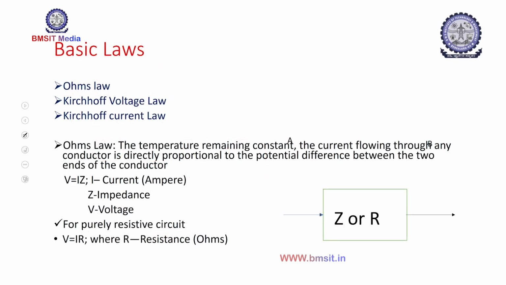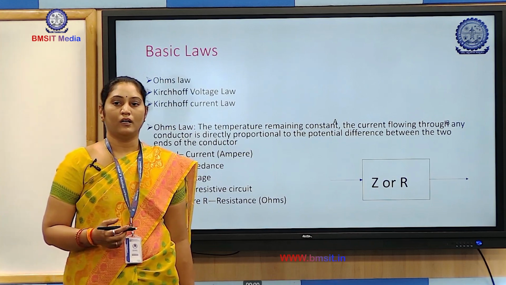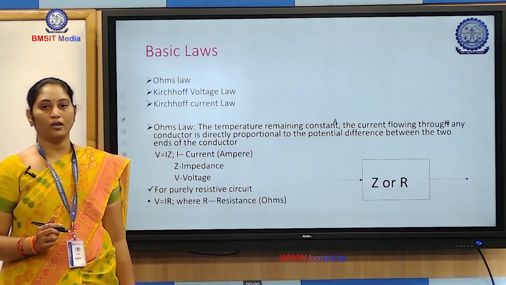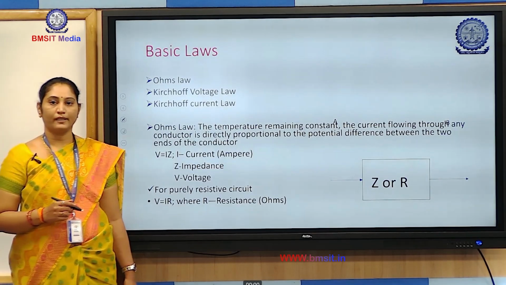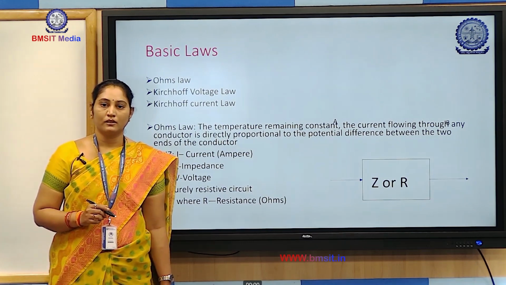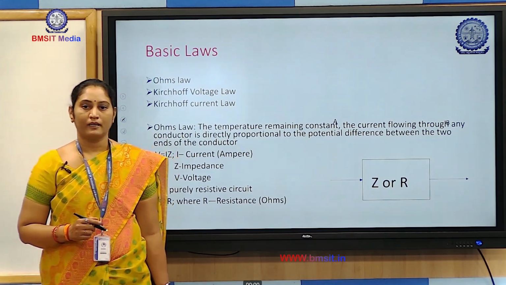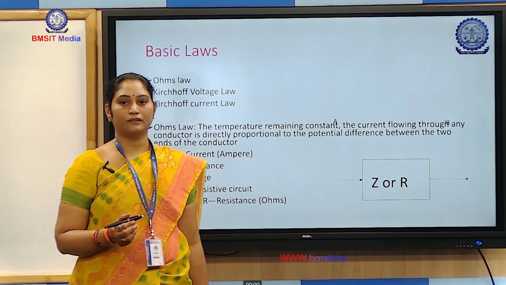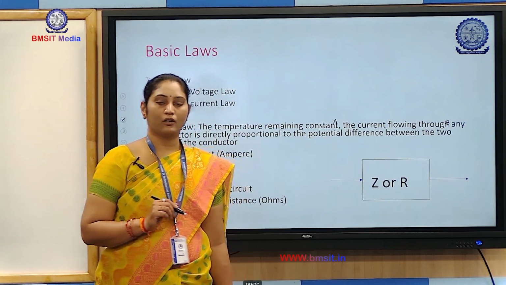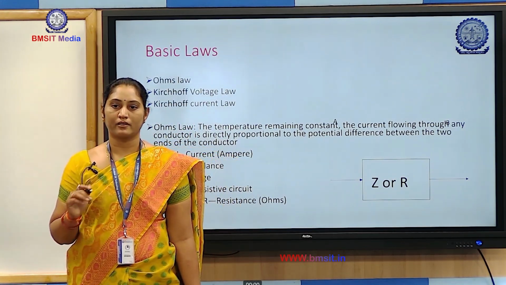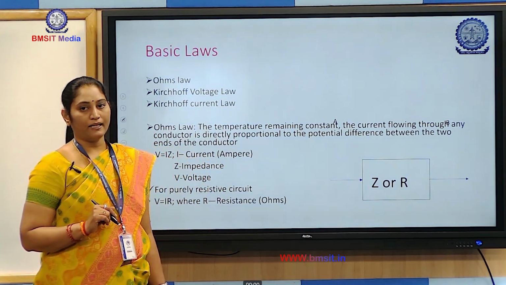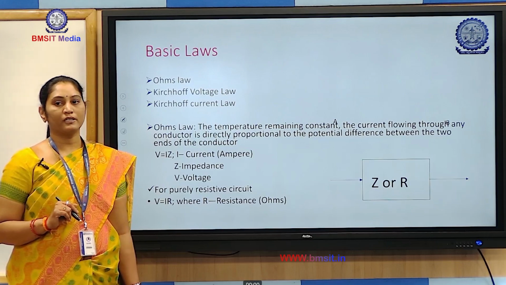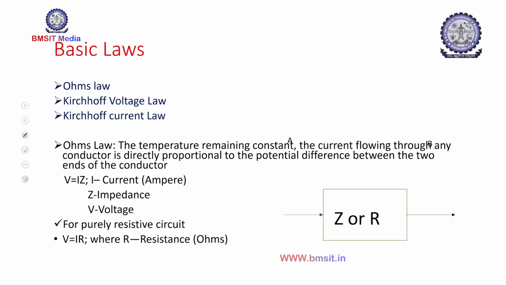Before we use any kind of network reduction, we should know these three very basic laws: Ohm's law, Kirchhoff's voltage law and Kirchhoff's current law. What does Ohm's law state? With temperature remaining constant, the current flowing through any conductor is directly proportional to the potential difference between the ends of the conductor.